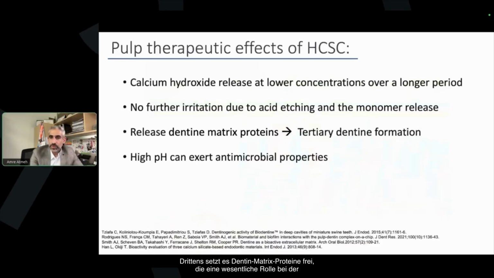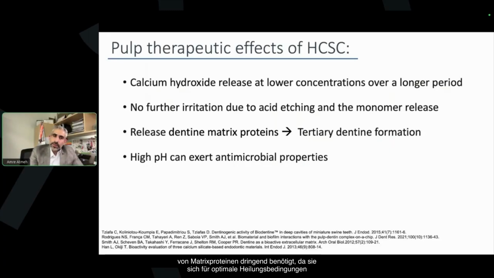And just to list these effects, first, the calcium silicates produce calcium hydroxide over a longer duration. So unlike calcium hydroxide liners, the calcium silicates will produce a lower concentration of calcium hydroxide, but over a longer duration. So that will maintain longer effects, which is advantageous for pulp healing and antimicrobial properties.